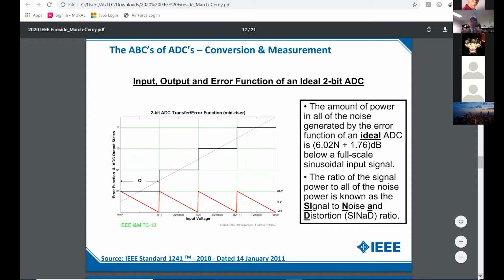However, in the second bullet, you'll have to also include any noise that's generated and other interferences or distortions, which will now cause the stair steps to be not as perfect as shown here. And therefore, we have to do a comparative measurement of what they call signal to noise and distortion ratios. Okay?